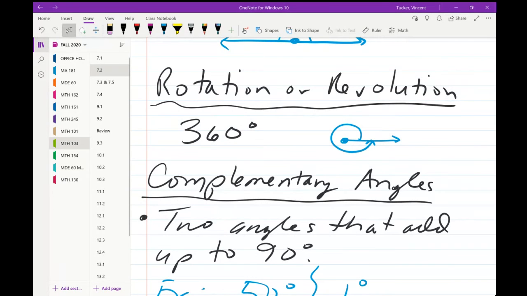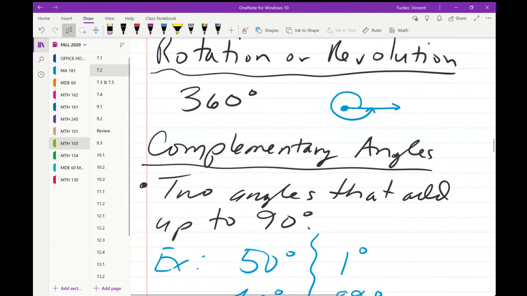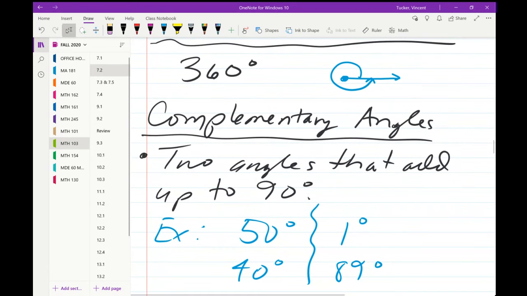Complementary angles are two angles that add up to give us 90 degrees. 50 and 40 are complementary. 1 and 89 would be complementary.